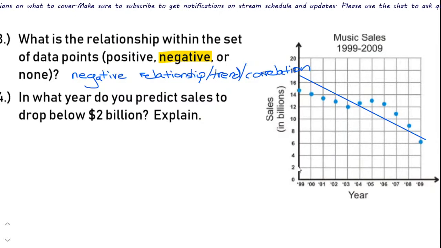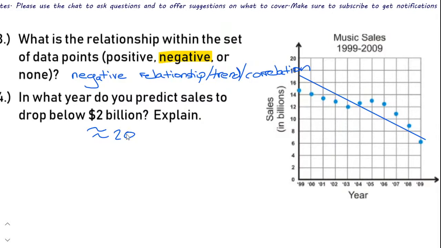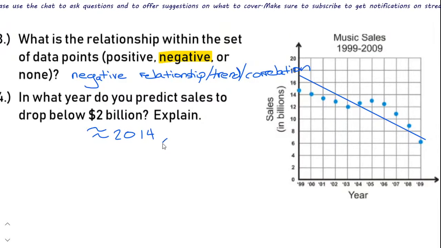So if we were to go below 2 billion, and it's looking like it's dropping about 2 billion every 2 years. So right here at 08, we'd probably be at 6, in 10, 4, in 12, and then 2 at 2014. So I would say about 2014. And why?